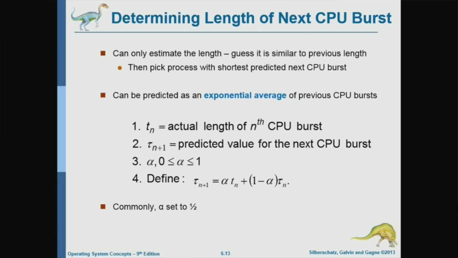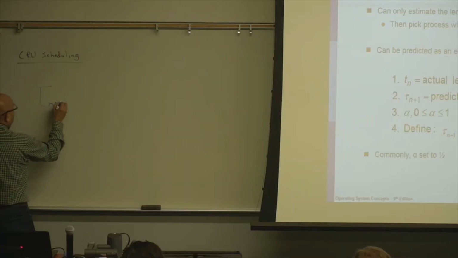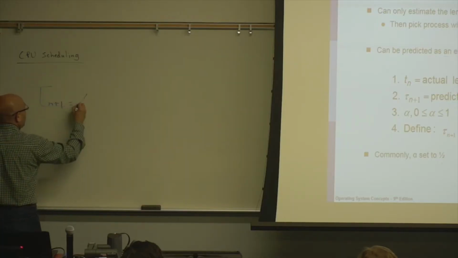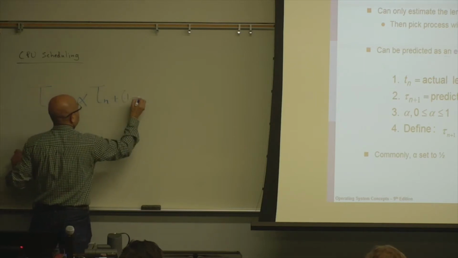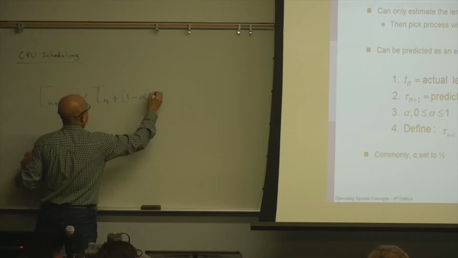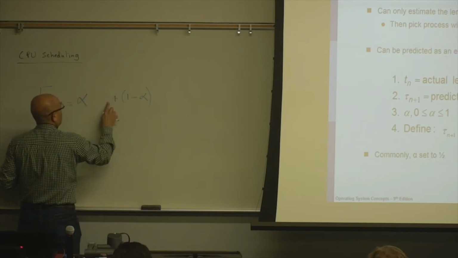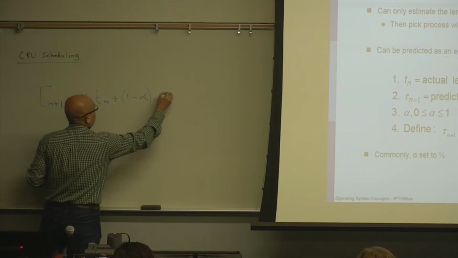So we'll be using this formula. This is what we call the exponential average. The formula says tau n plus 1 equals alpha t n plus 1 minus alpha tau n.